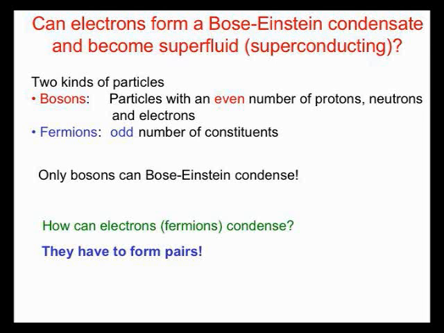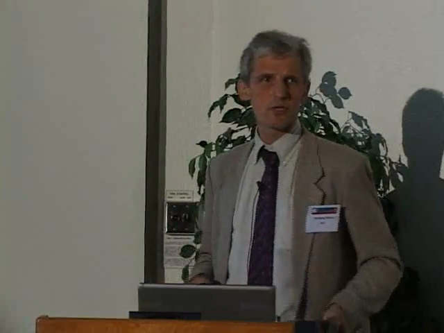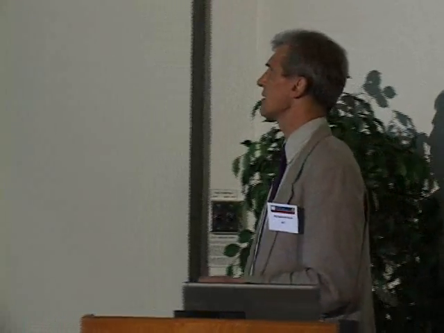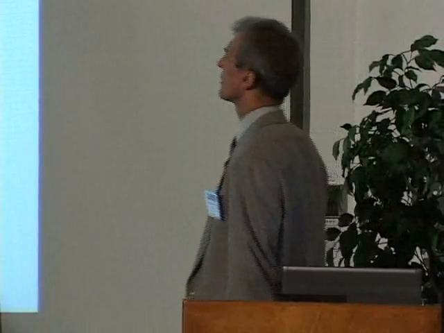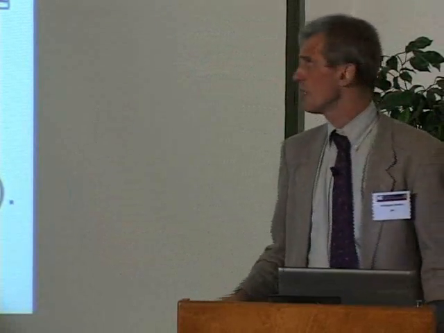So by now having fermionic atoms and by making those fermionic atoms pair, we can put our hands on a piece of physics which has so far only been studied in condensed matter physics. There was a big breakthrough a few years ago.